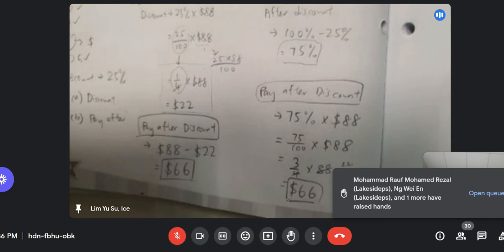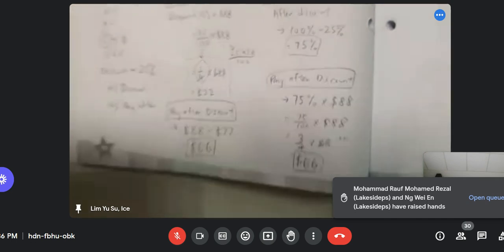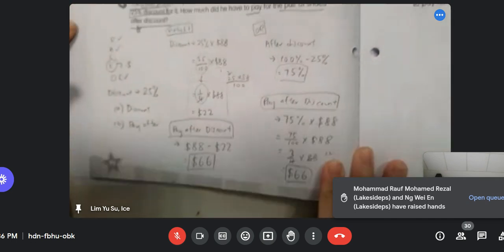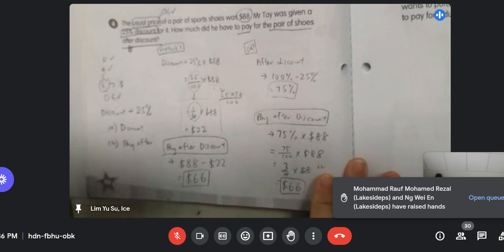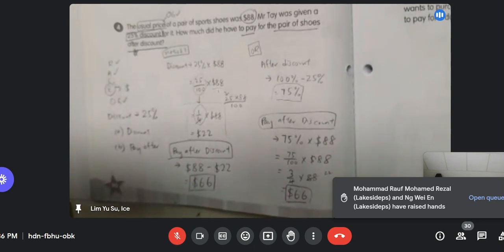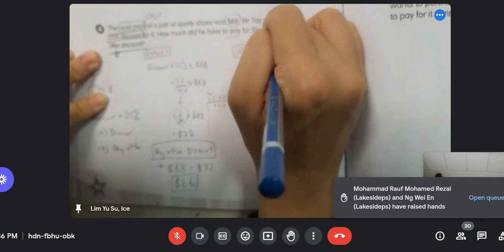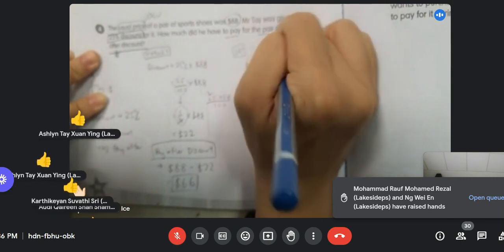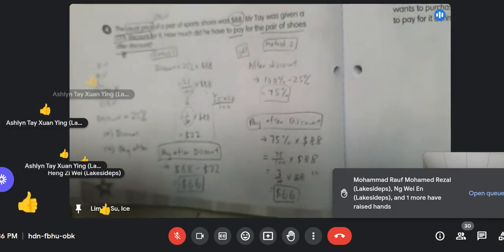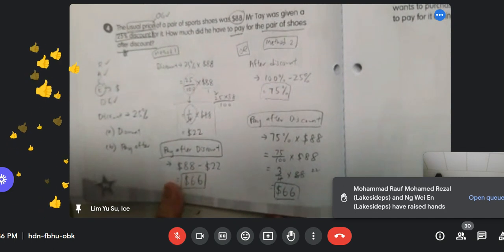Can you understand? Am I going too fast? So tell me in your reaction. Are you able to put a reaction? Method one or method two? Or if you think that you can do both, you write one and two.